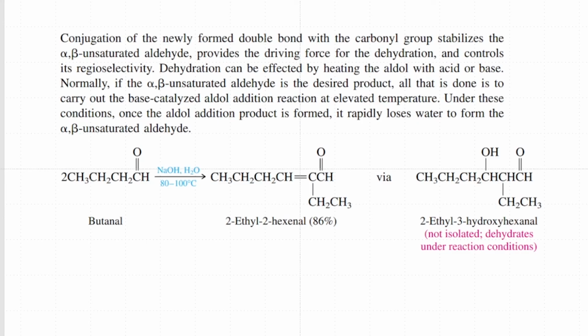So what invariably ends up happening is that the aldol product, once it's formed, rapidly loses water to form the alpha-beta unsaturated aldehyde. You would need special reaction conditions to actually produce these hydroxy carbonyl compounds. Otherwise, normally the product that is formed is actually the 2-ethyl-2-hexenal.